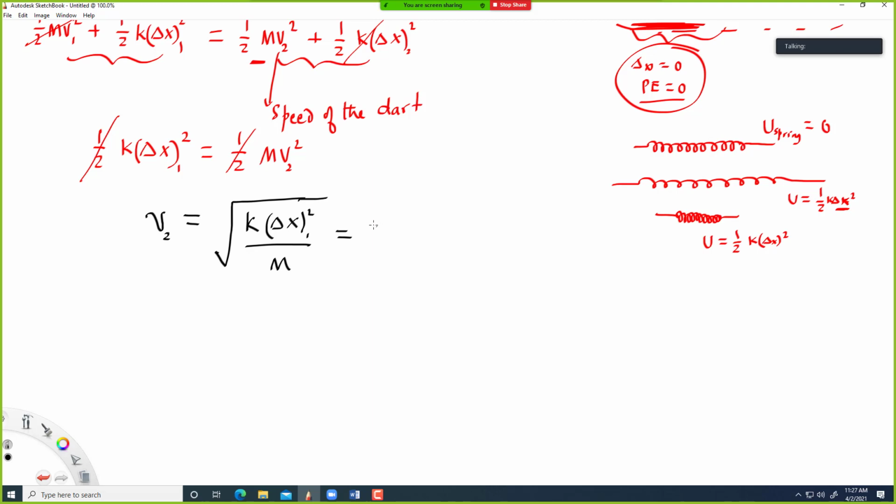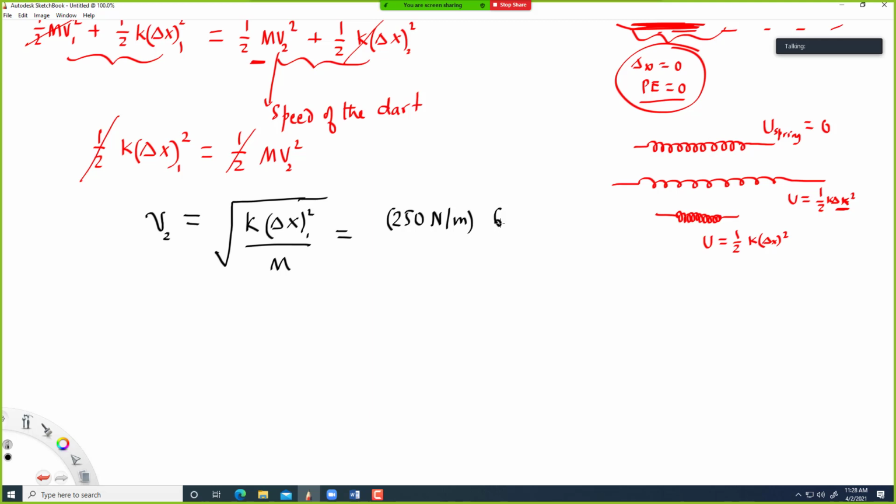So, k is the spring constant of the spring, which is 250 newtons per meter. There is a typo there, that is per meter, 250 newtons per meter. And by how much the spring is compressed, that is delta x. Yeah, 6 centimeters.